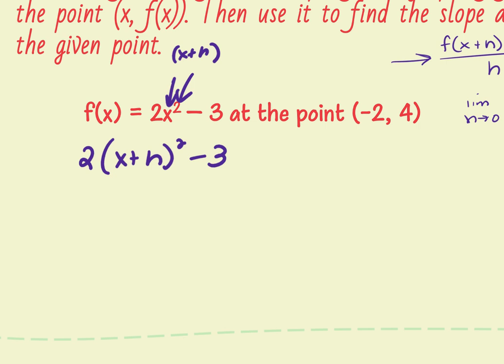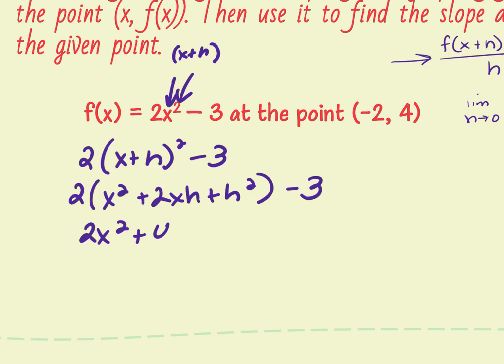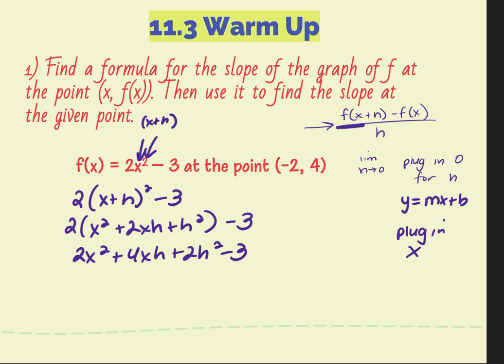I said you could expand and FOIL that out every time, but it would be to your benefit to memorize x plus h squared, which is x squared plus 2xh plus h squared, and then minus 3. Now I distribute: 2x squared plus 4xh plus 2h squared minus 3. That is the f of x plus h part of my difference quotient.